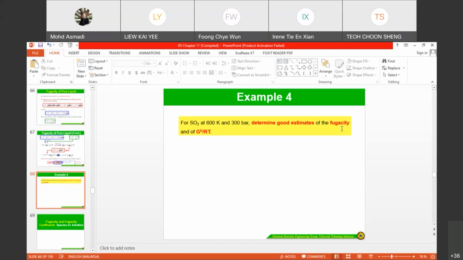Which method? Anyone? Tan Liting, are you there?